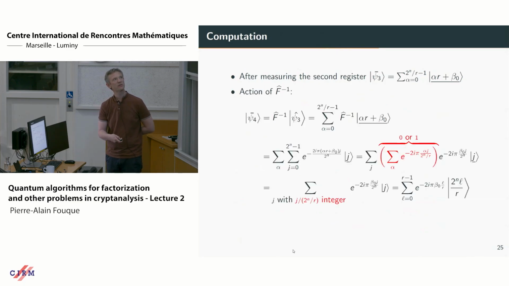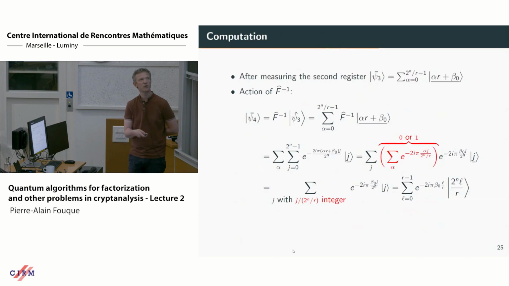I can apply it for each term of the sum because of the linearity, and for each term, this will be in the phases here. It's what Thomas explained to you at the beginning of this week. Now I will swap the two different sums here, so I will sum for j here. I am able to do this because this is a finite sum, so I can switch the two different sums.